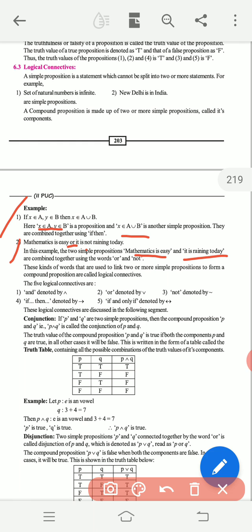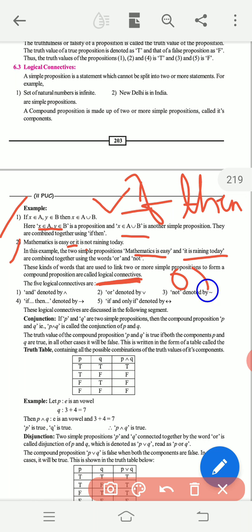Next, the words used to link two or more component statements are called logical connectives. These kinds of words that are used to link two or more simple propositions to form a compound proposition are called logical connectives. In the first example, two statements are connected by if, then. In the second, two statements are connected by or and not.